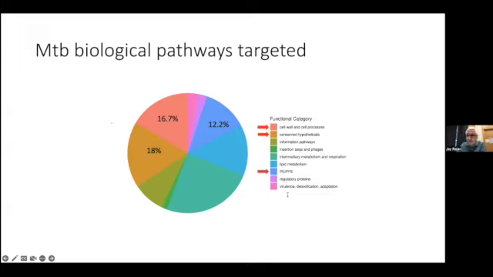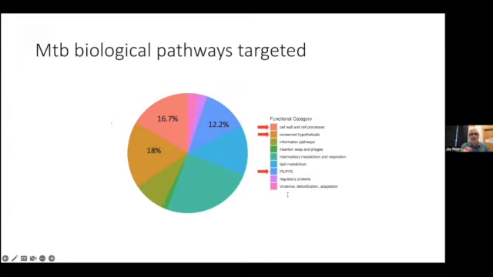So cell wall, essentially surface proteins. These PE and PPE proteins, nobody really knows what their function is, but they're about 7 to 8% of the TB genome. And similar to other bacterial pathogens, they might be involved in immune evasion. So the fact that they're so heavily targeted is potentially quite interesting.